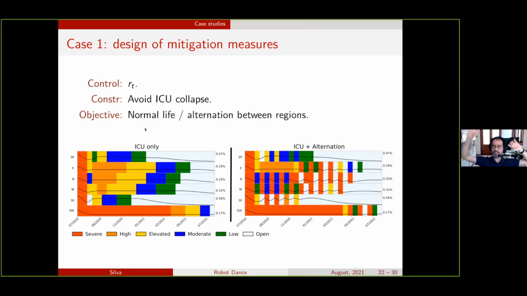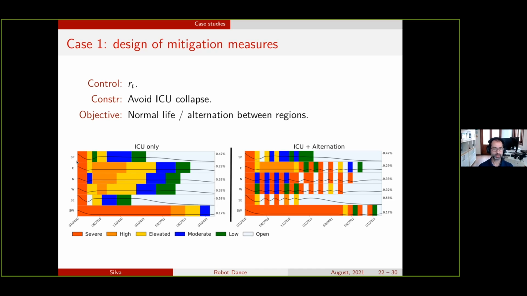Since each region is in its own stage in the pandemic, and also each region has a certain health capacity, we try to model, to simulate how the disease would move along time, and how much we needed to decrease the R0 to control the disease up to the ICU capacity.